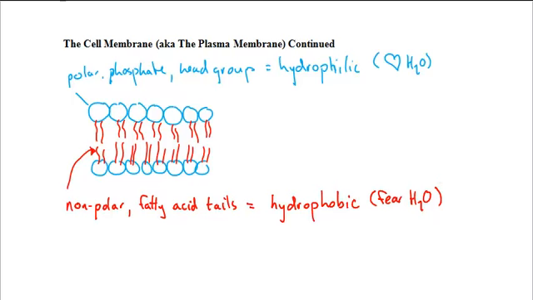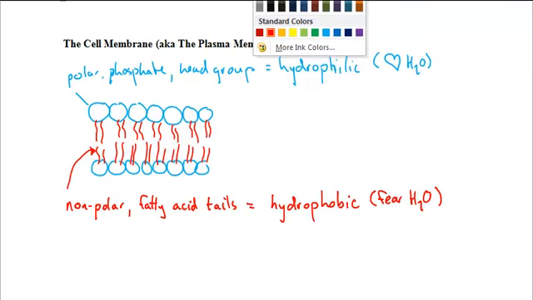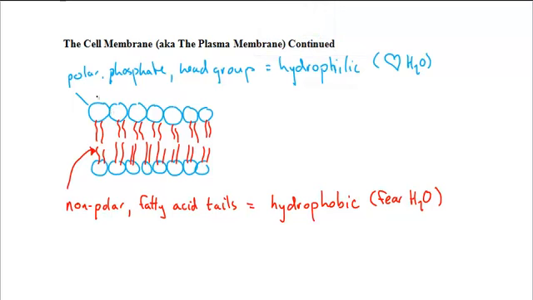And just to remind you the details, all together, this is called a phospholipid, and because it has a polar end and a non-polar end, it's said to be bipolar.